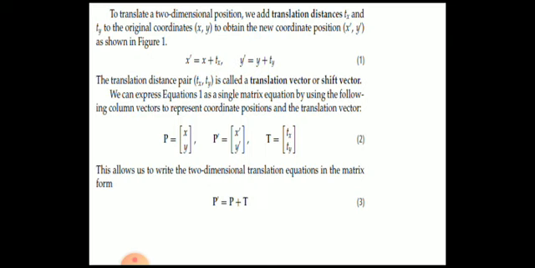This allows us to write the two-dimensional translation equation in matrix form, that is P dash is equal to P plus T, where P dash is the column matrix of x dash and y dash, P is the column matrix of x and y, and T is the column matrix for tx and ty.